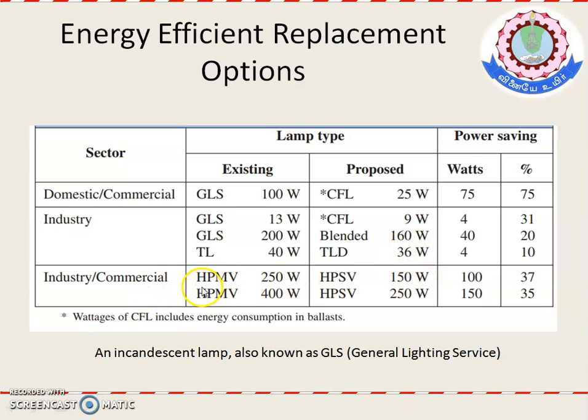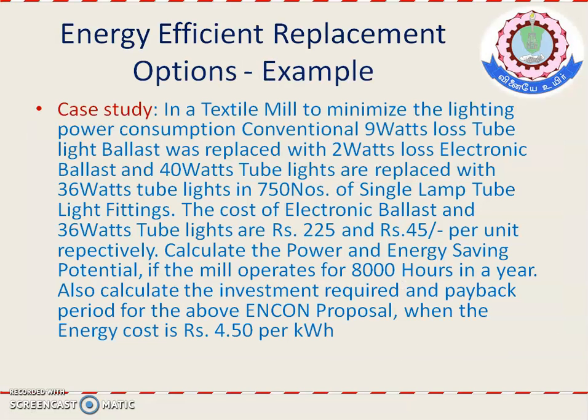And here it's a high pressure mercury vapor lamp, and this can be replaced by high pressure sodium vapor lamps. In these cases you can see the power savings. Why this is important is, whenever you see these sorts of lighting, you can think that you can replace them with these sorts of lamps or bulbs, so that you can reduce this much energy consumption as well as achieve cost savings.